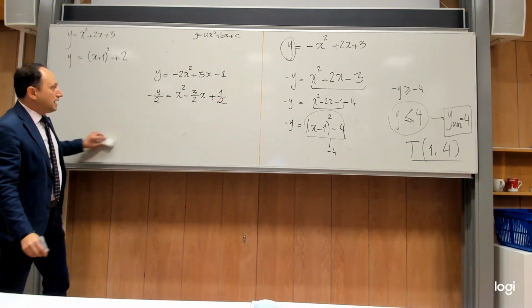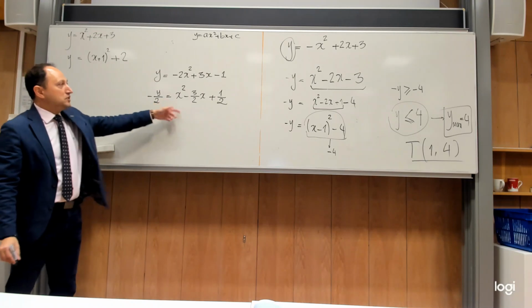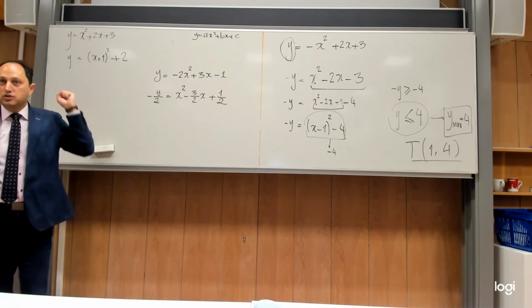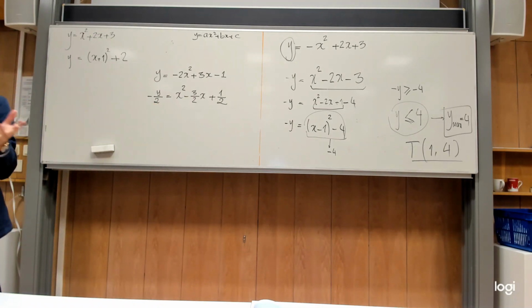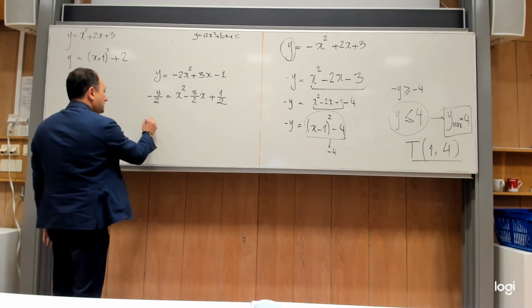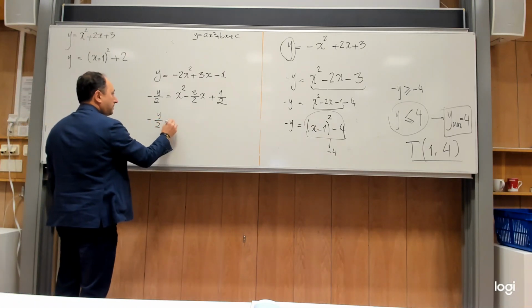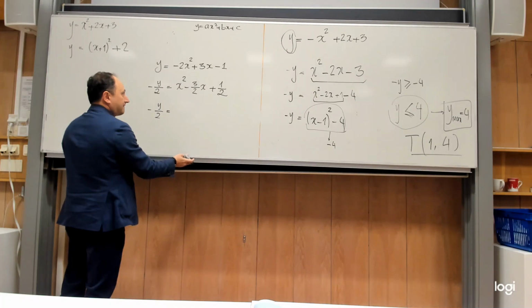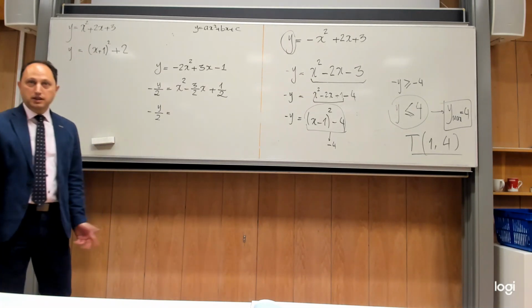Now, of course, it is a little bit harder to guess how to extract the complete square, but that is just the complete square. So can you extract the complete square out of it?